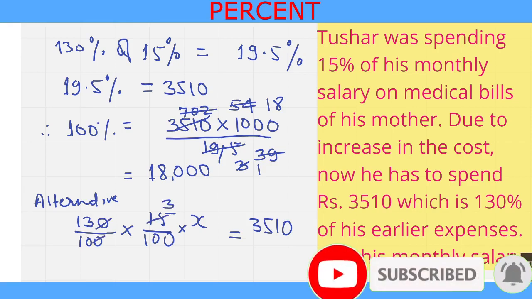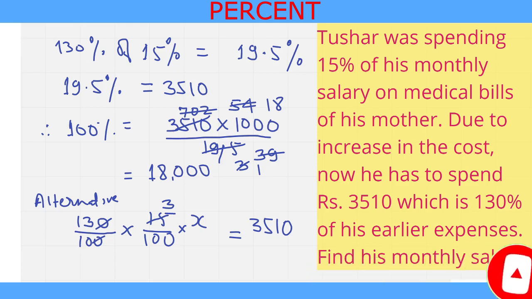We cancel the 0 of numerator and denominator, and 5 divides 15 for 3 times and 10 for 2 times, and 13 divides 3,510. 13 times 2 is 26. Balance is 9 and we carry 1, so 91. 13 times 7 is 91.